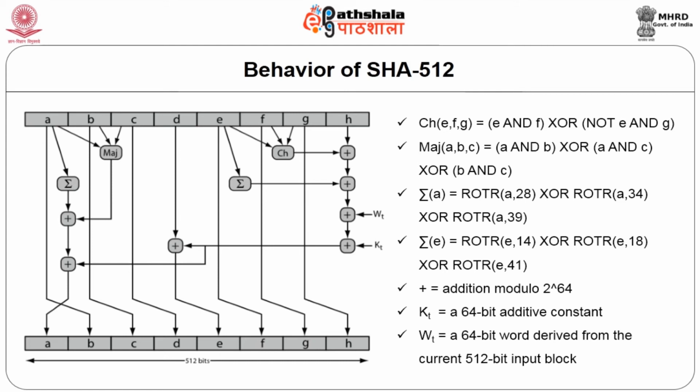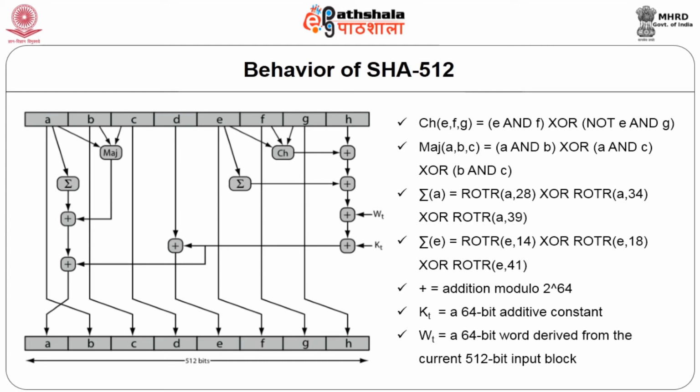Now exclusive OR the output of it with the rotate right operation on E by 18 bits, exclusive OR it with circular right shift of E by 41 bits, and whatever result you get is the output of sigma 1 of 512 of E. The generation of T1 doesn't end here, still two more terms are there, Wt and Kt.